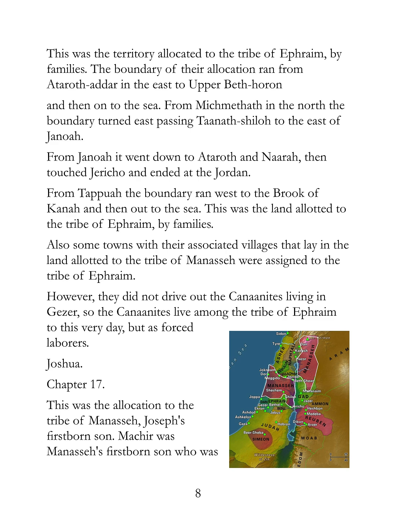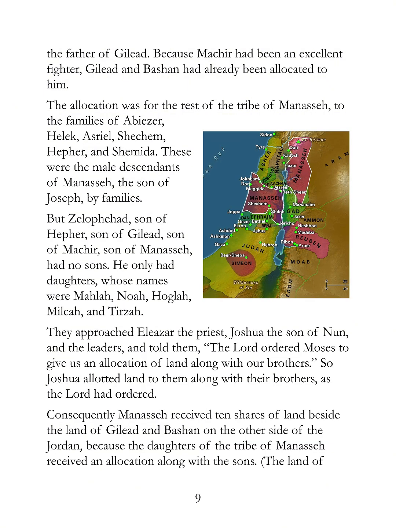Joshua, Chapter 17. This was the allocation to the tribe of Manasseh, Joseph's firstborn son. Machir was Manasseh's firstborn son, who was the father of Gilead. Because Machir had been an excellent fighter, Gilead and Bashan had already been allocated to him.